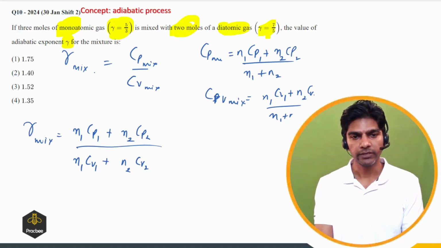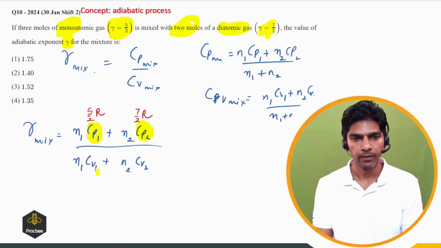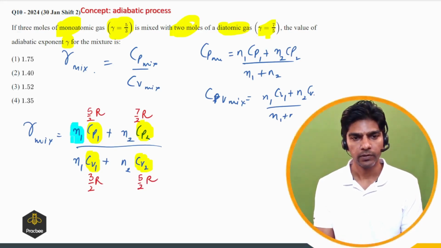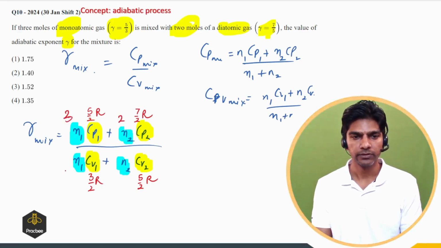For monatomic gas, Cp1 is 5 by 2 R, and for diatomic, Cp2 is 7 by 2 R. Similarly, Cv1 is 3 by 2 R for monatomic and Cv2 is 5 by 2 R for diatomic. N1 is 3 moles and N2 is 2.